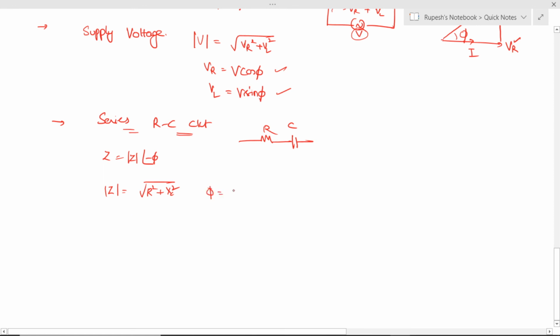The phi is tan inverse of minus XC by R. Or you can write minus phi is equal to tan inverse of XC by R. Both are the same. So tan inverse of, we multiply with I on both sides because the same current will flow through them as they are connected in series. So it will be VC by VR.